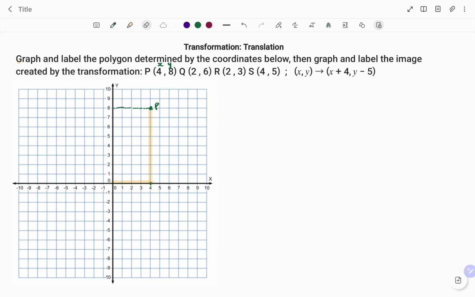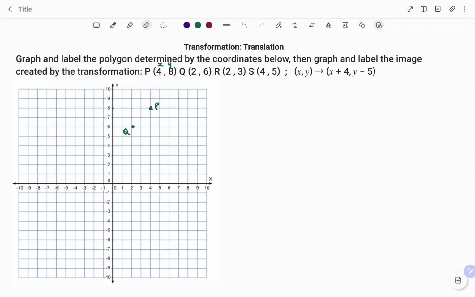I'm going to do the same for the rest of the points. The next point is my Q, that's vertex (2, 6). Tracing that 2 on the x-axis and then 6 on the y-axis, I have my point Q. The next point is my R, (2, 3).